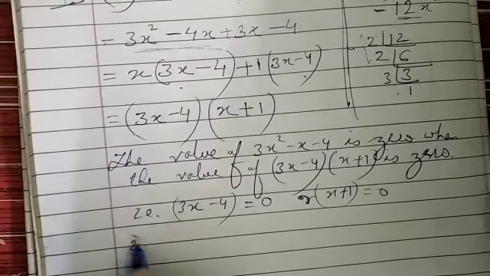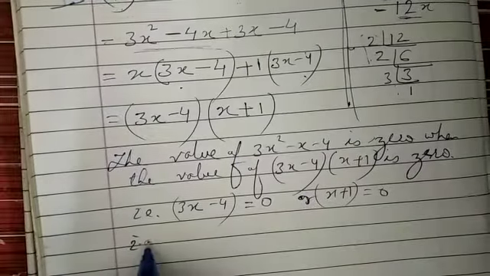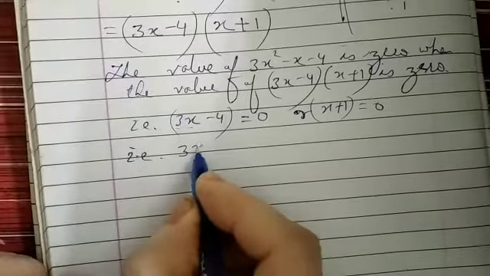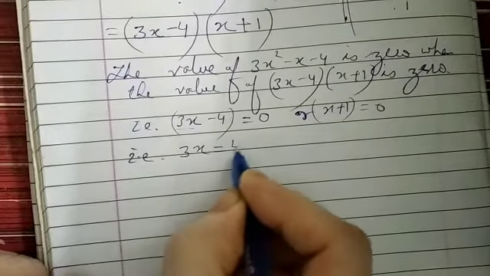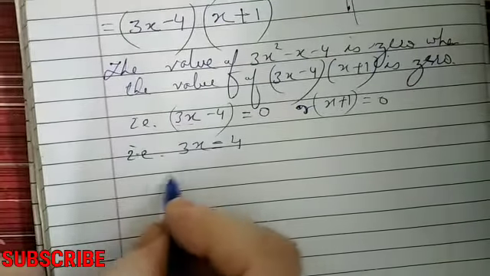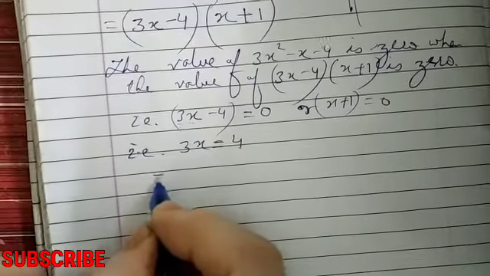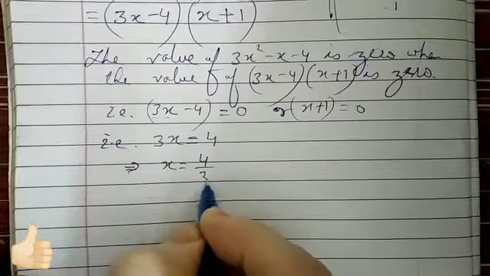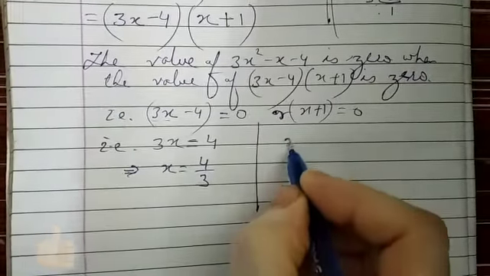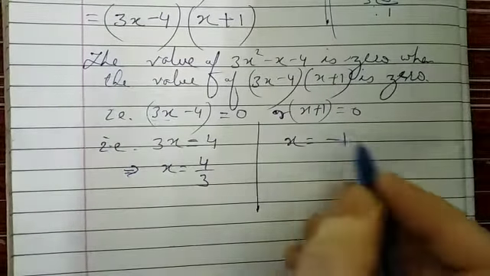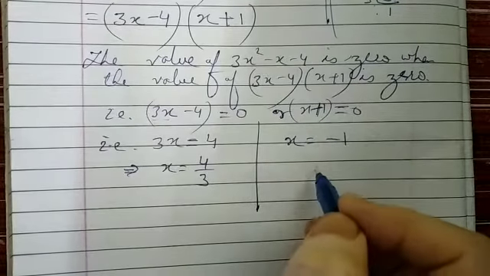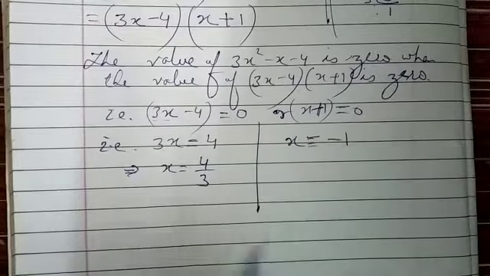So let us find the value of x. 3x is equal to 4. If you transpose, its sign will be changed. Now this implies x is equal to 4 by 3, and here x is equal to minus 1, because if you transpose plus 1 to the right hand side, then it will be minus 1.